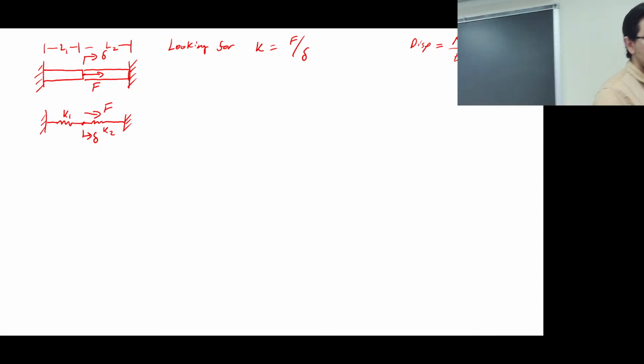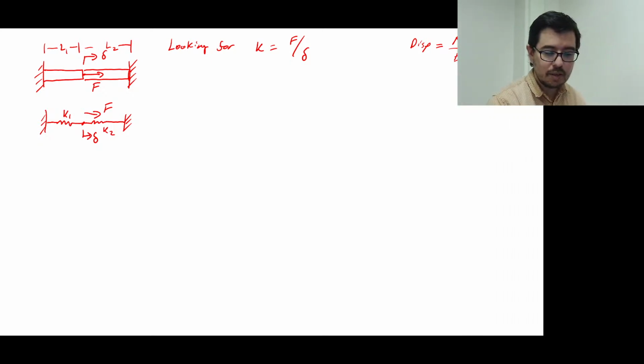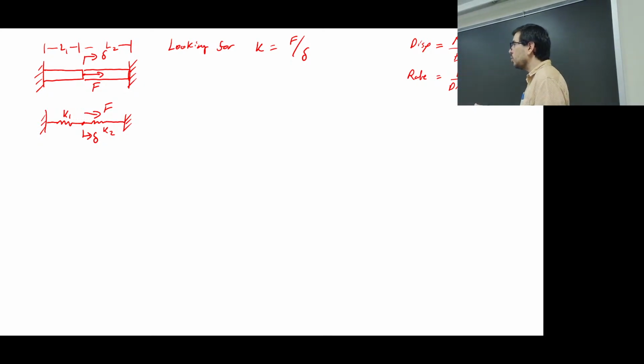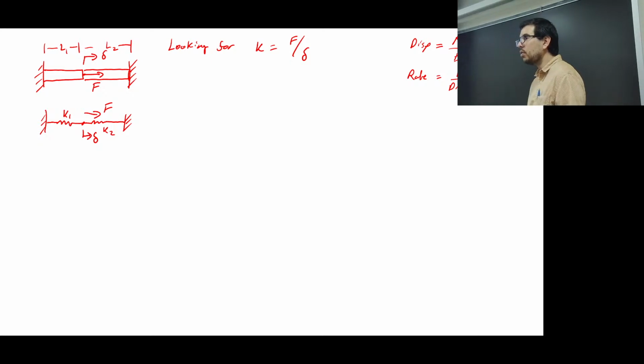And if I want the K, the constant, we'll call it the rate, then that would be F over delta or P over delta, or P over displacement. That gives us EA over L. So if E is the same for both and A is the same for both, but L is different, then we have different spring constants.